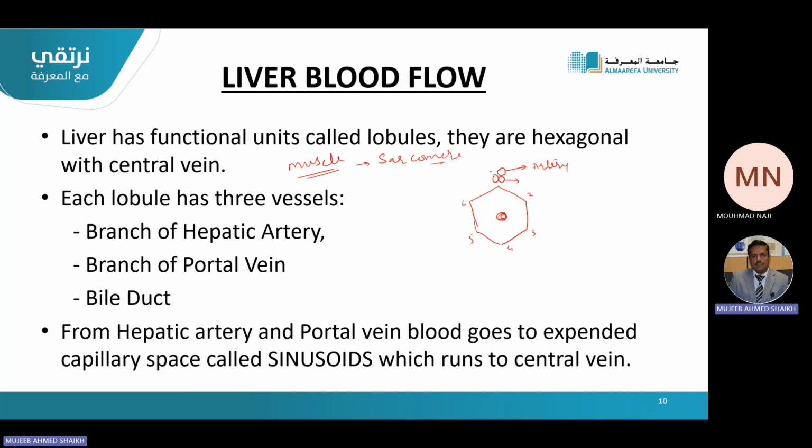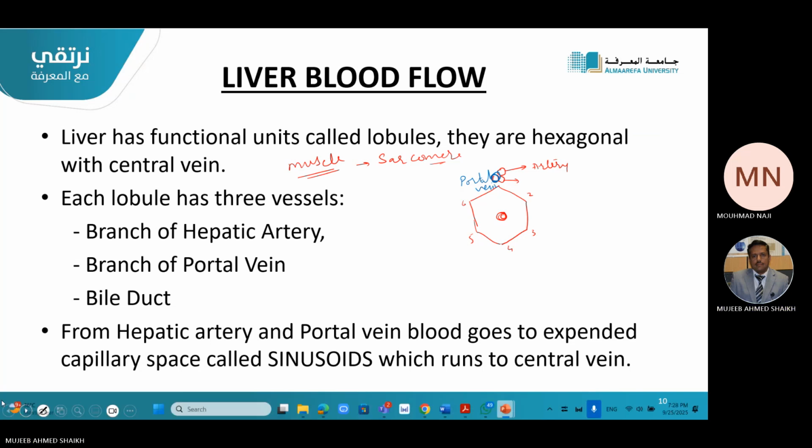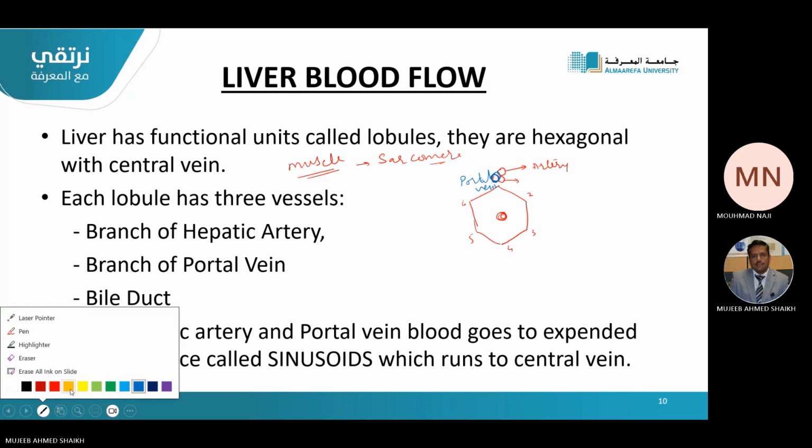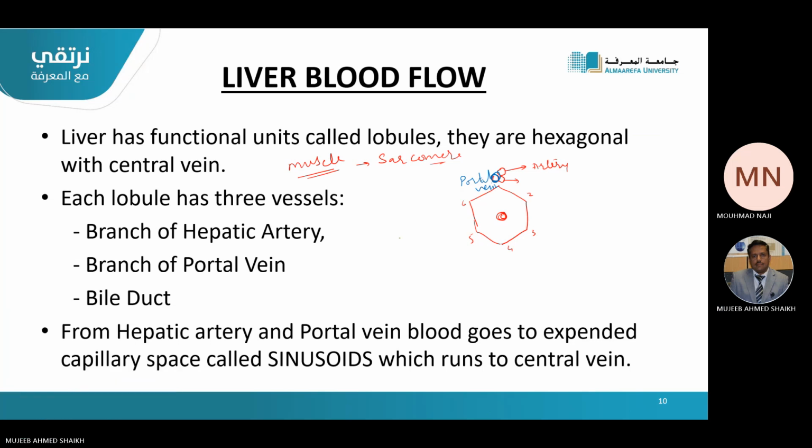So another vessel is a portal vein. And the third one is a branch of the bile duct.